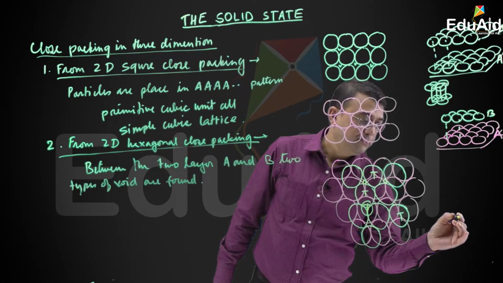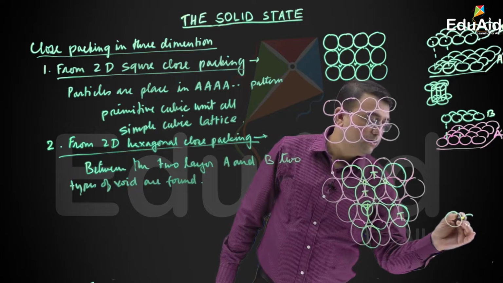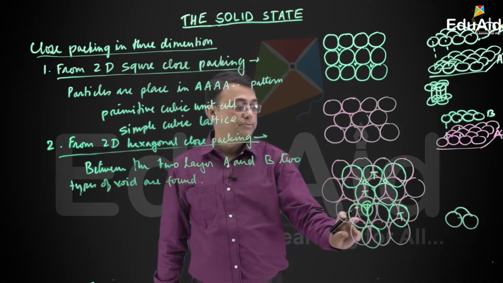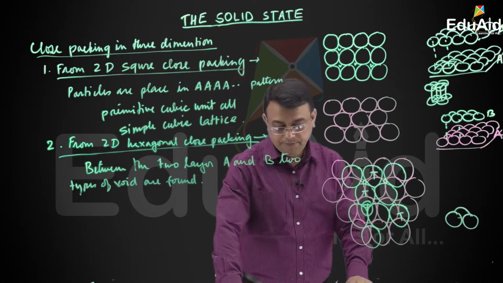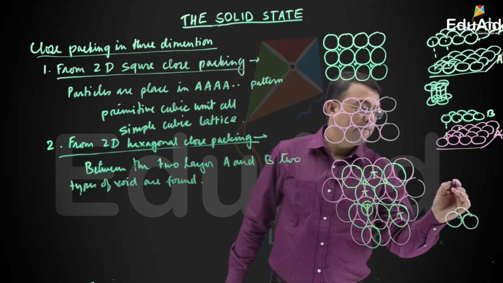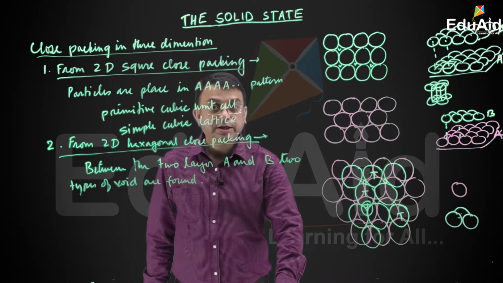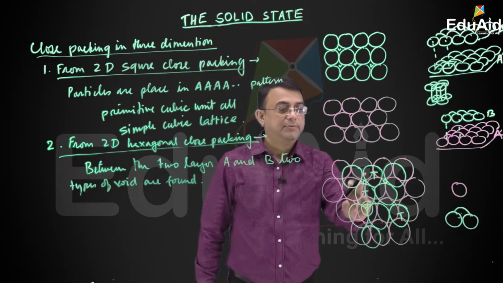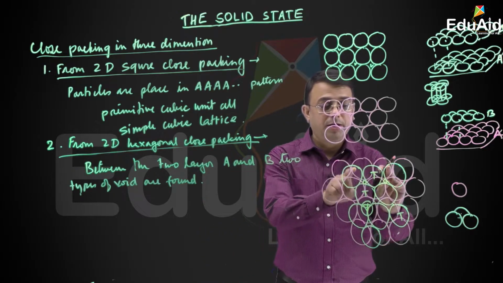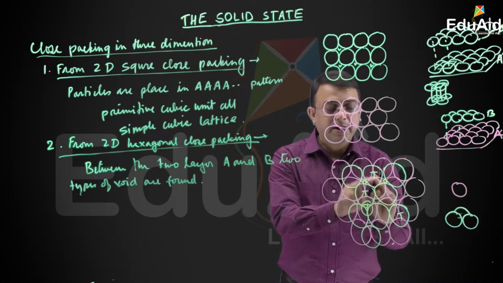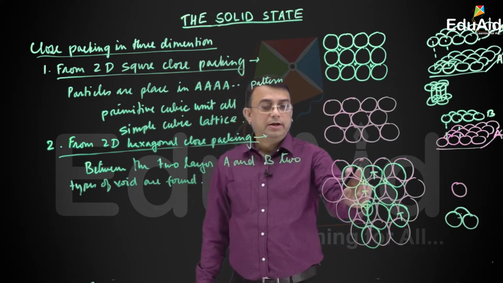First you see, these are the three particles. Any three particles, you take any three particles. Above this is the void which is covered by the second layer. So in T type of void, what we have seen, this is a T type of void in which it is a void for the pink color sphere covered by the green color sphere.